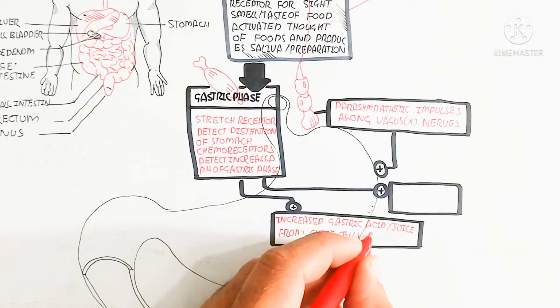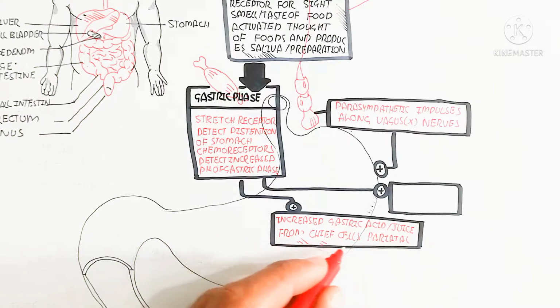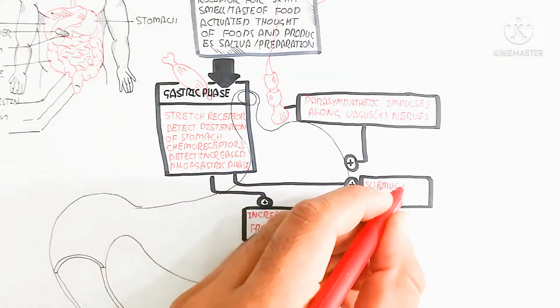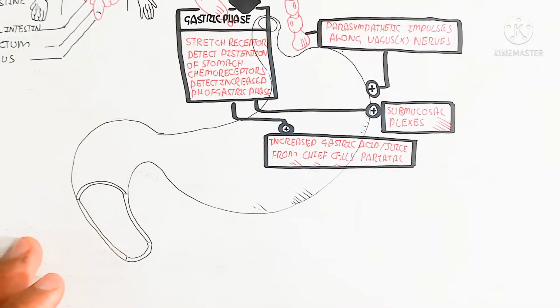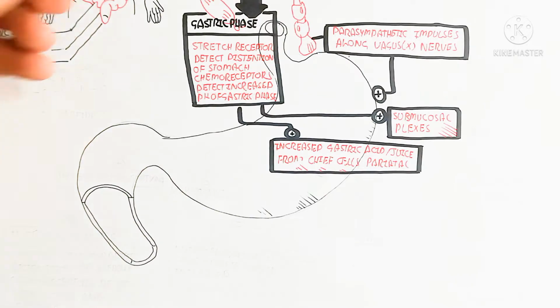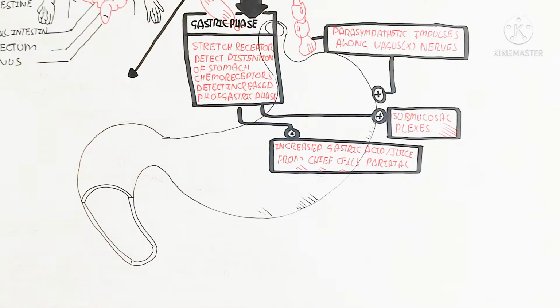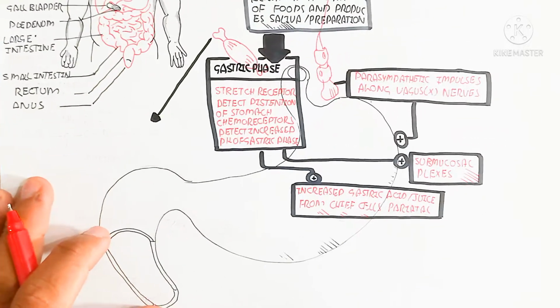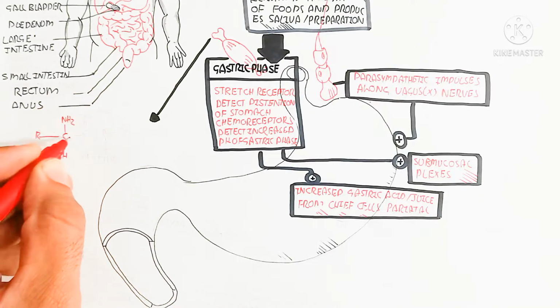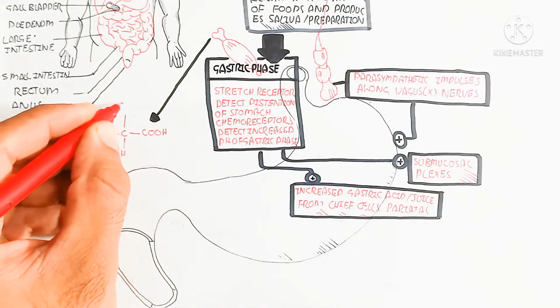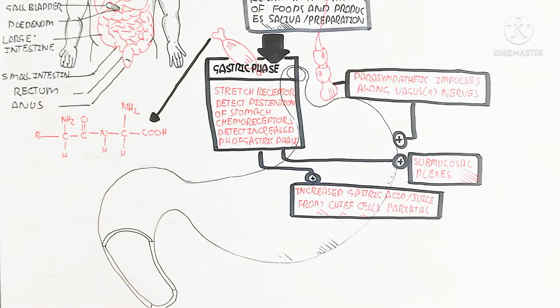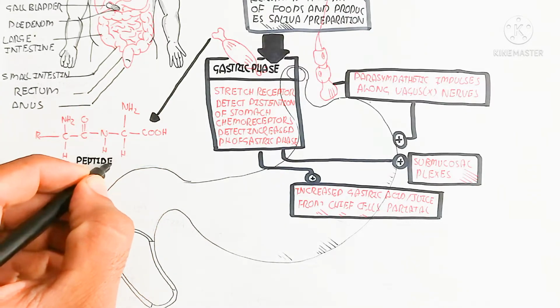And the submucosal plexus is stimulated by this gastric phase, and this gastric phase basically promotes the digestion. And in this way, the parietal cells as well as the chief cells and enteroendocrine cells, also known as the G cells, are stimulated. First of all, we will discuss here the amino acid, which is the part of protein.